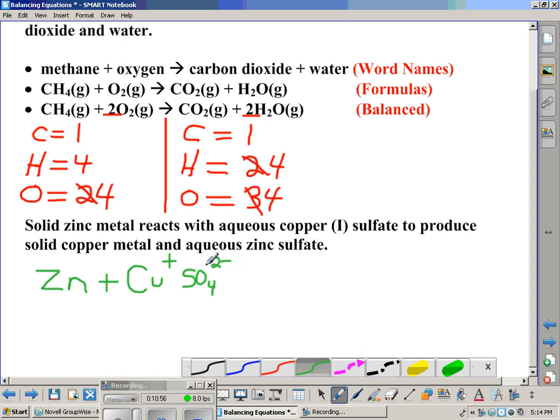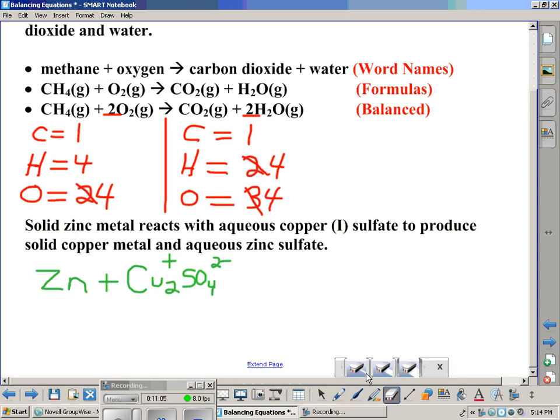Okay, so our charges aren't balanced. That means we're going to need 2 coppers over here to balance with the 1 sulfate over there. So I can put a 2 right there, and then erase these charges. I don't need those anymore. All right, good there.